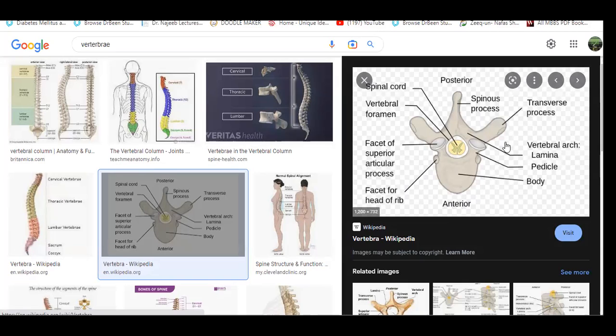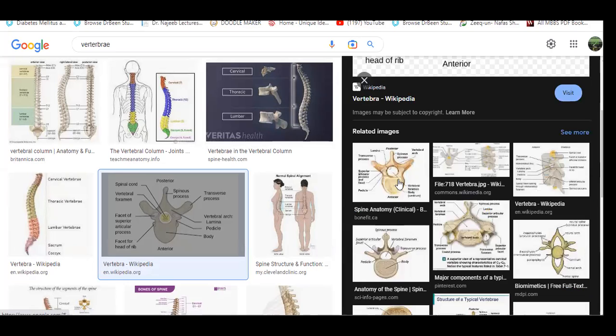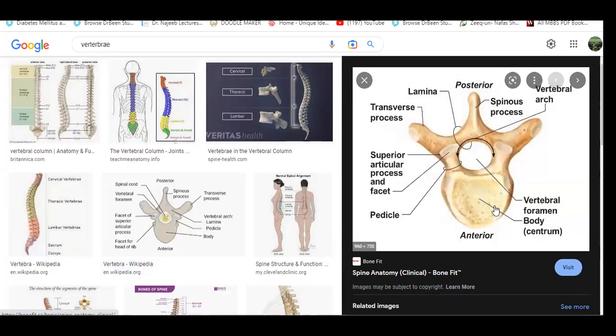Vertebral arch. This is the transverse process. Please diagram each one vertebra and name the parts as named. Anterior region. This is the vertebral foramen, in which the spinal cord is going.